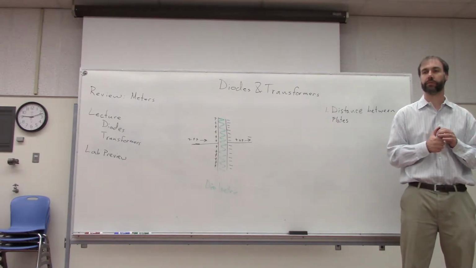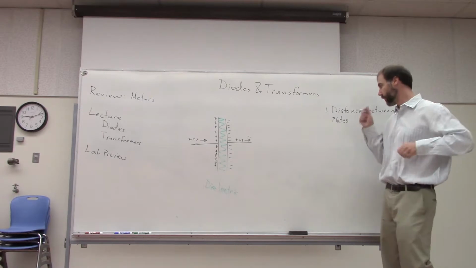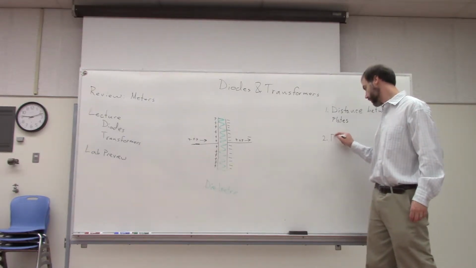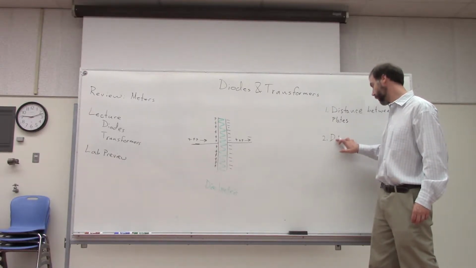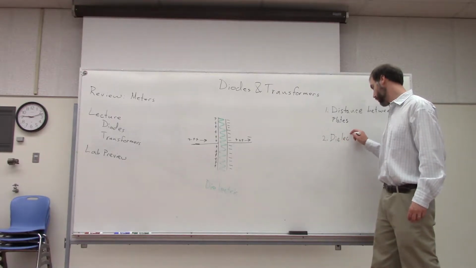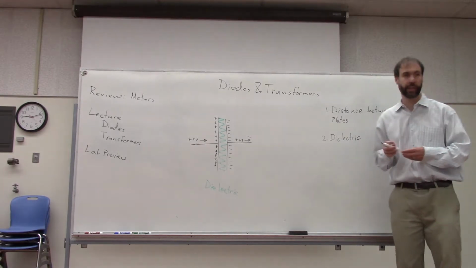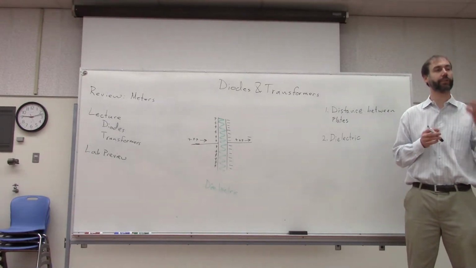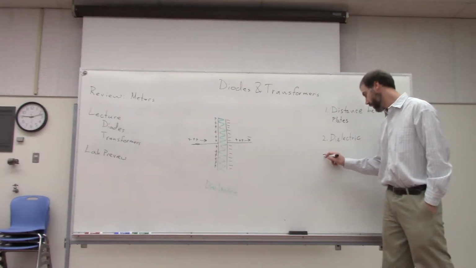Yeah? Oh, I was going to say the dielectric material. Yeah, the dielectric material is another one, exactly. Different dielectric materials have different properties which result in different amounts of charge being stored on the plates. And then I think you mentioned the last one? Yeah, the plate area, exactly.